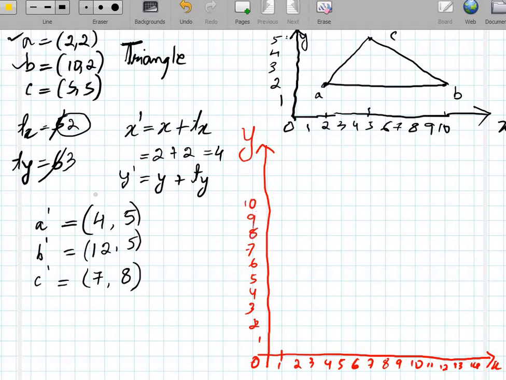Now the coordinates of a dash are 4, 5. Here is 4 and here is 5. So this is your a dash. And b dash is 12 here and 5 here, so it will be around here. This is your b dash. Now c dash is 7 here and 8 here. This is your c dash.